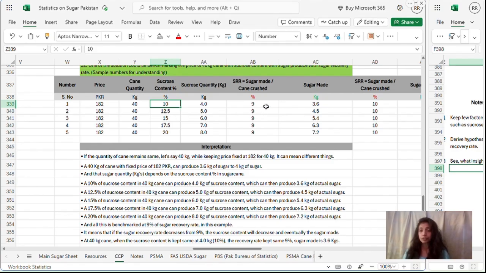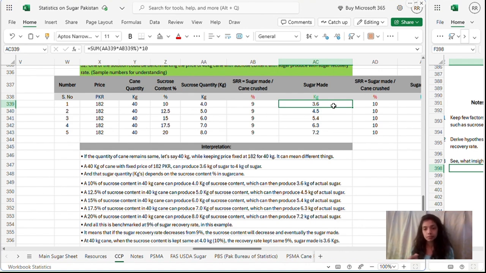So if the sugar recovery rate is 9%, and it happens to decrease from 9, it is going to produce less sugar. Now, what is the concept behind it? When the sugar recovery rate is at 9%, it is making 3.6 kgs of sugar. If we decrease this sugar recovery rate, it is going to decrease the sugar made.